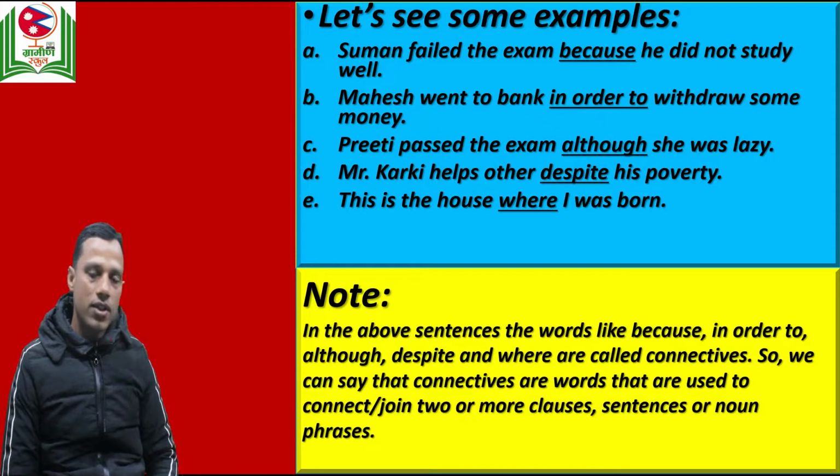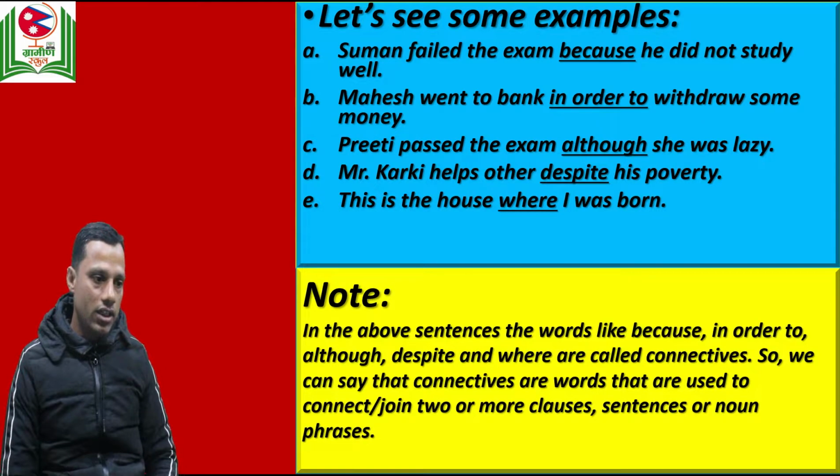Yes, in these examples, you can notice some words. For example, in number A, you can notice the word because, which has been underlined. In the same way, in number B also you can see the words in order to, that has been underlined. And in number C also you can see the word although. Number D, the word despite. And number E, the word where has been underlined, right?